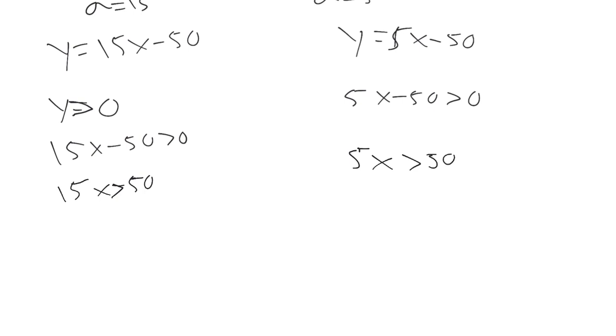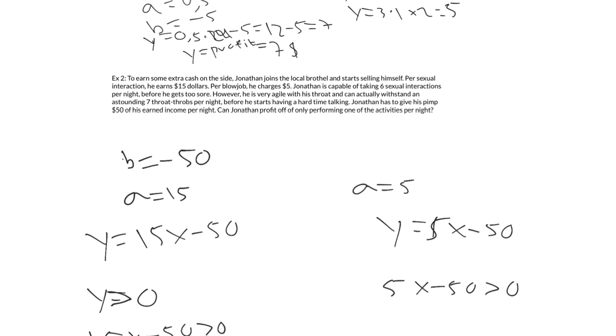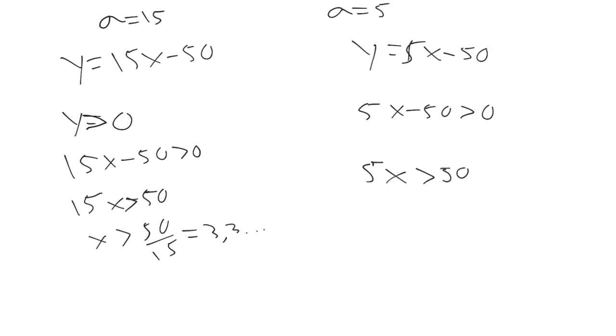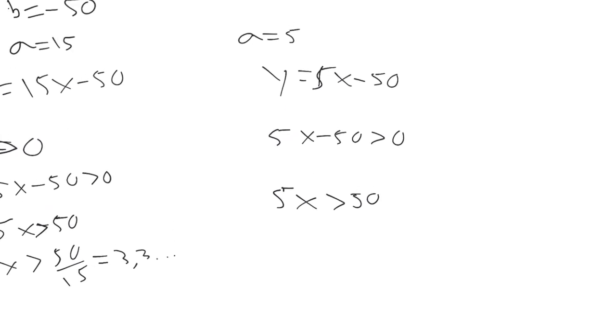And we'll thereby get that x is greater than 50 divided by 15, which is actually equal to 3.3 to infinity. And as we saw up there, he can withstand 6 sexual interactions per night, which makes it possible for him.